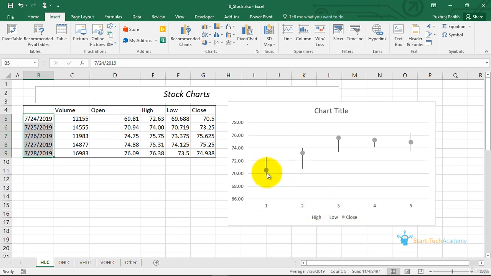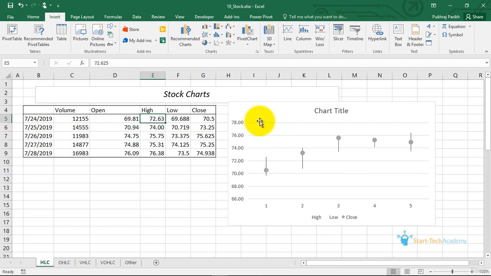If you look at the first point of the x-axis, we have the lowest point given by the bottom end of the line, which is nearly 69.688. We have the highest point given by the other end of the line, which is nearly 72.63. And we have the closing value depicted by this marker. This chart is giving us only 3 values: high value, low value and close value. That is why it is known as the high, low, close stock chart.